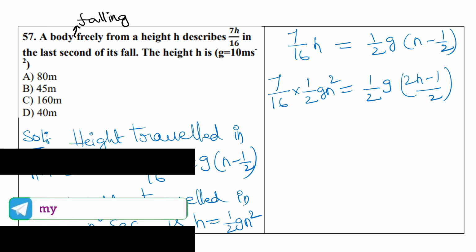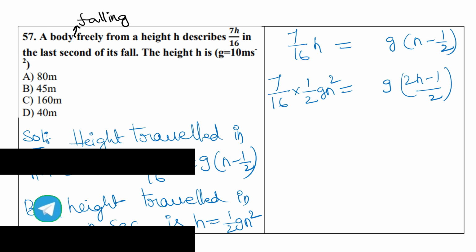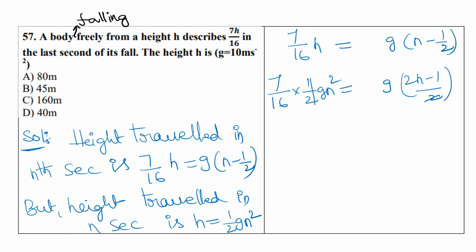So here the half gets cancelled, g gets cancelled. So we are getting 7n square by 16 is equal to 2n minus 1.